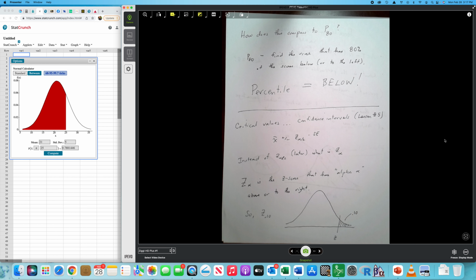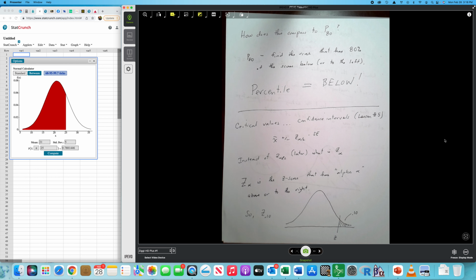P80 is asking you to not find the percent below, or the area to the left, or the percentile. It is asking you to find the value that corresponds to having 80% of the scores below. So again, tattoo it to the brain: percentile equals below. That statement is giving you a location relative to the percentage of scores that were below.